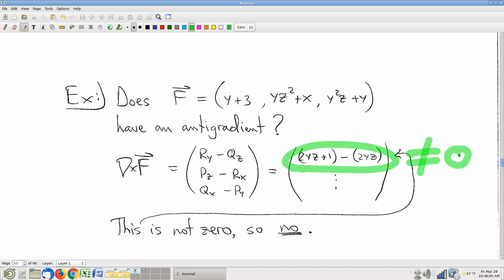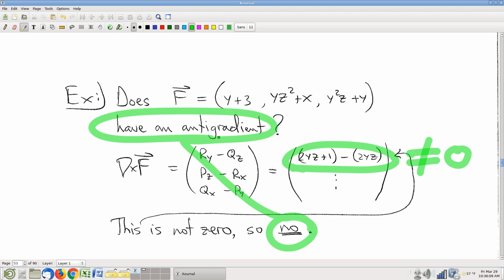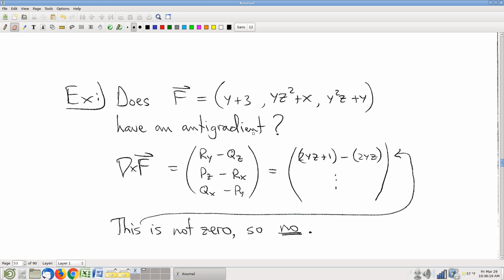So no, there's no anti-gradient. I don't even need to compute the other components. In fact, notice you can kind of do this whole process in your head, right? Notice this calculation, Ry minus Qz. The y partial of that, you can just see it: 2yz plus 1.